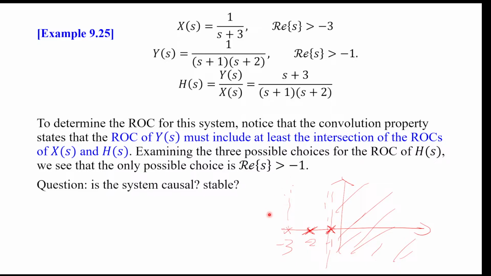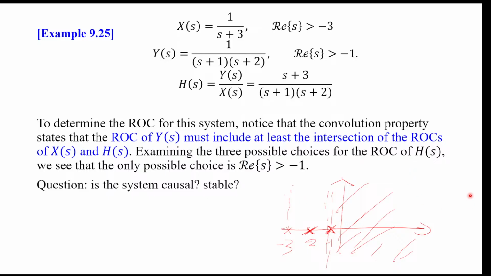The RLC of h intersected with the RLC of x could be between minus 3 and minus 2, or in the middle one, between minus 2 and minus 1. And if the RLC of h was greater than minus 1, then the intersection will be greater than minus 1. But you see that the RLC of y must contain an intersection.